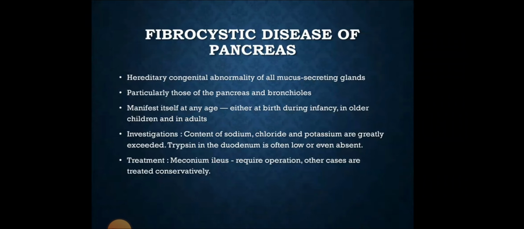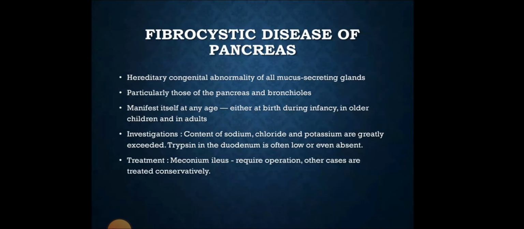Due to this obstruction, there is retention of pancreatic secretions, which results in distension of the alveoli and subsequent rupture. The pancreatic enzymes escape and pancreatitis results, and the pancreatitis further leads to fibrosis. So this is the disease process in this condition.